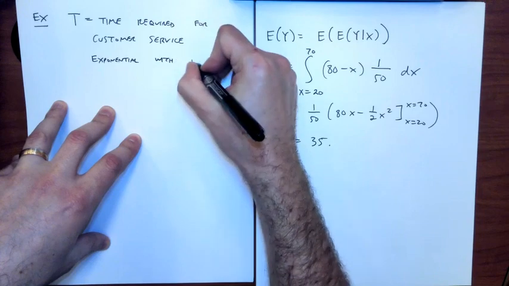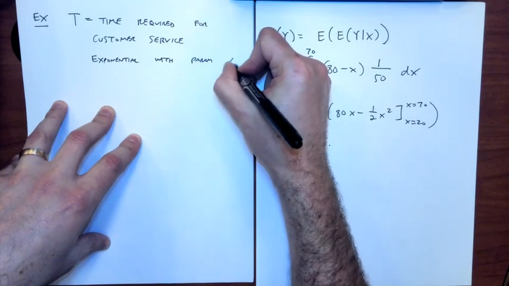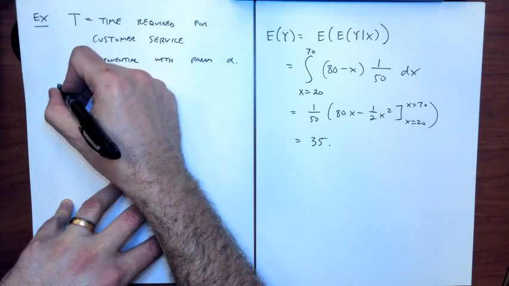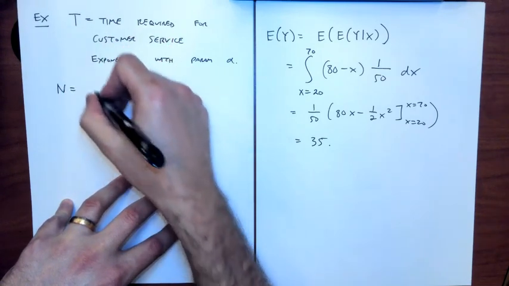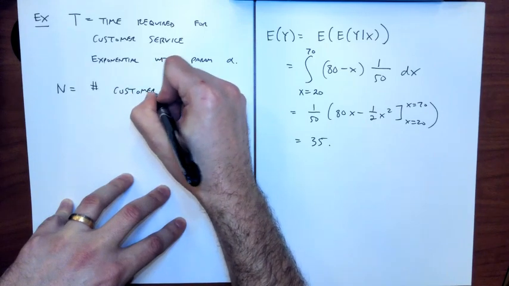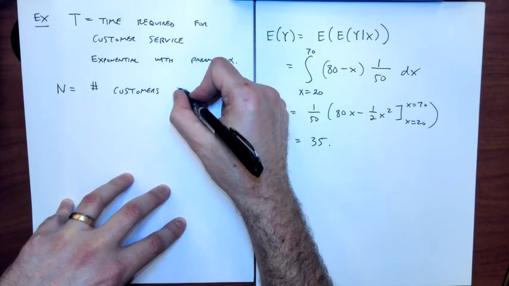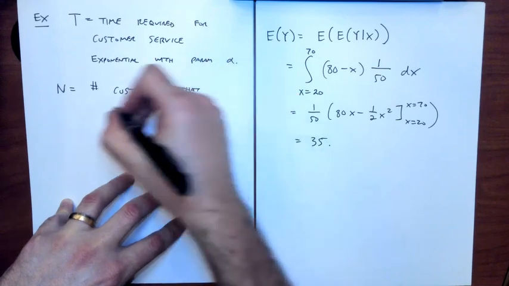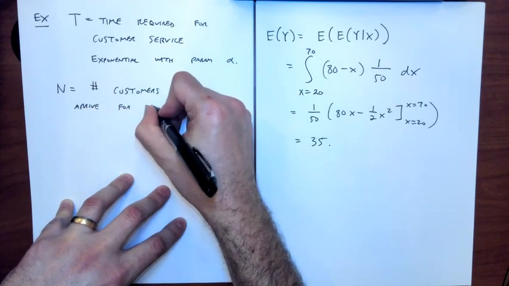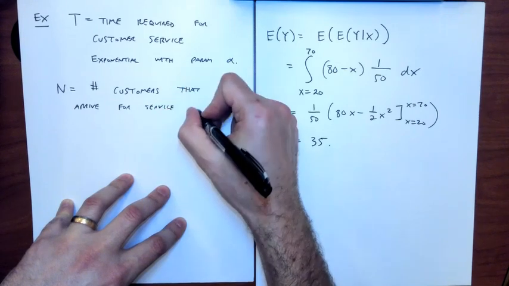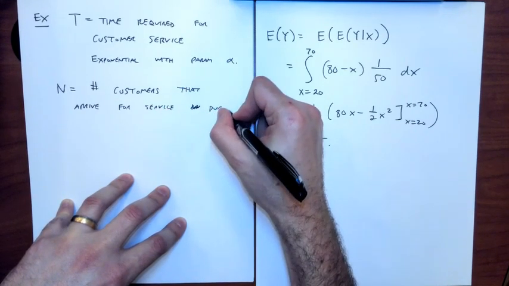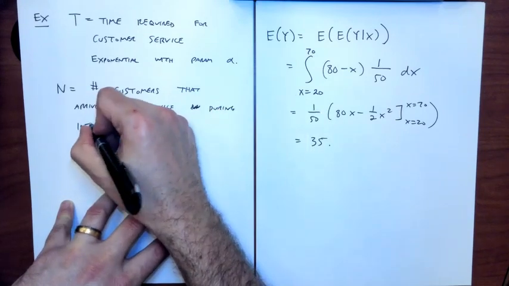with parameter alpha, okay? And then let n be the number of customers that arrive for service during an interval of length t.